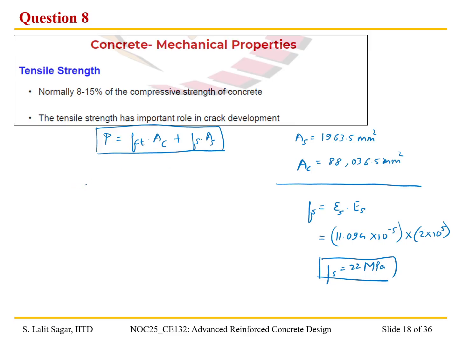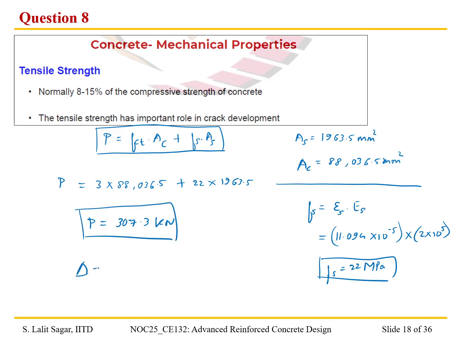When we plug it in this equation, let me write out the whole equation. FCT is 3 into 88036.5 plus 22 into 1963.5, which gives us the value of 307.3 kilonewton.